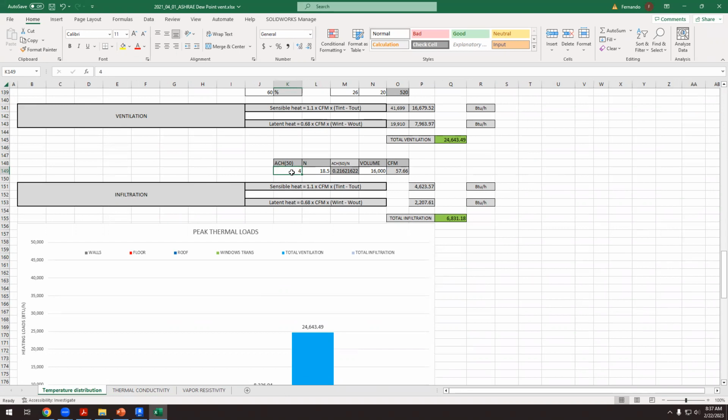Okay, so if we have an actual building, and if we work with this blower door test, how does it work, or what does the blower door test do? So for the blower door test, we are testing a room.